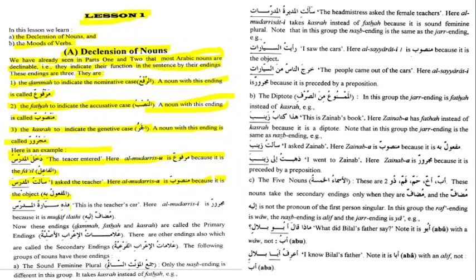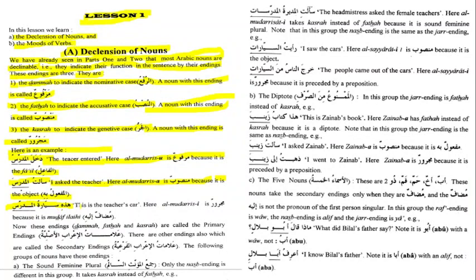Another example is that's the example of khafd or jar. هذه سيارة المدرس, and this is giving example of مضاف ومضاف إليه. هذه, so this is the i'rab of the whole sentence you have.